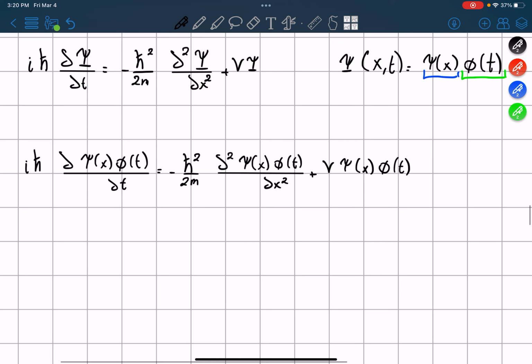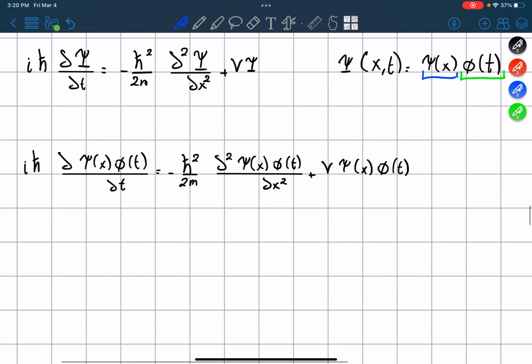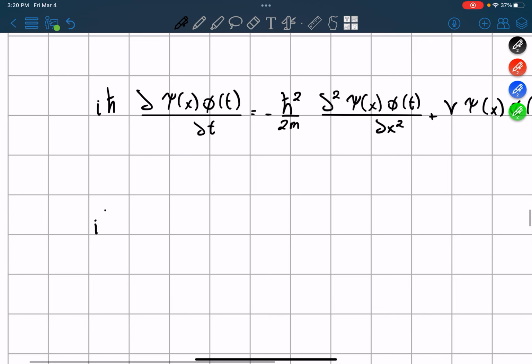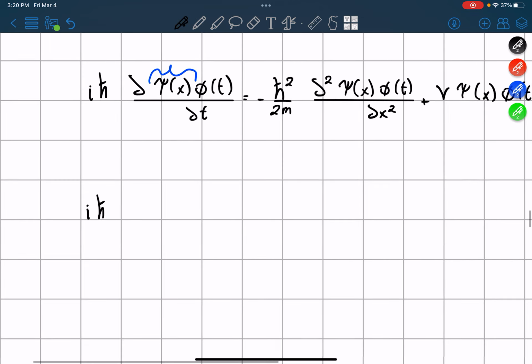Now, one thing we can do is divide both sides by our capital Psi. Actually, sorry, I'm going to do one step before that. On the left side we have i h bar, and the first part over here is just in terms of x, so it's just a constant. We can take it out, and we're going to have psi of x, and then the derivative of phi in terms of t, is equal to negative h bar squared over 2m, and then the second derivative of this.